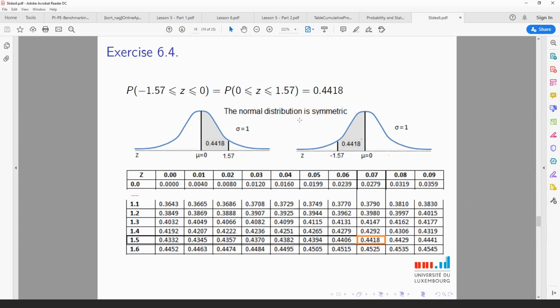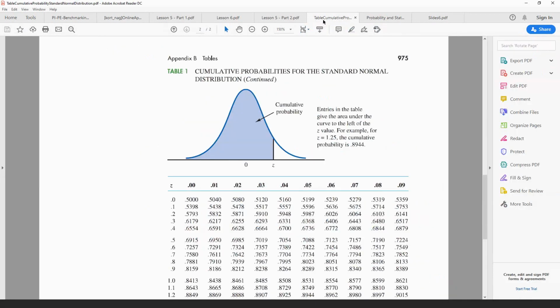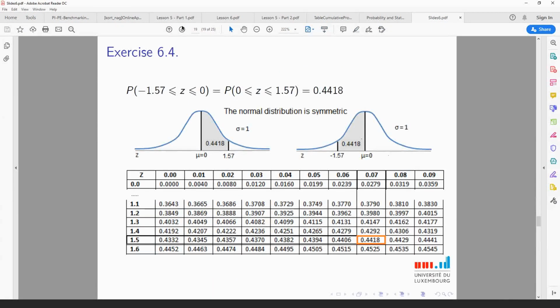Because look, even for the two-tailed table, we cannot calculate the area immediately. The probability can only be positive. Yes, the area is always positive, of course.